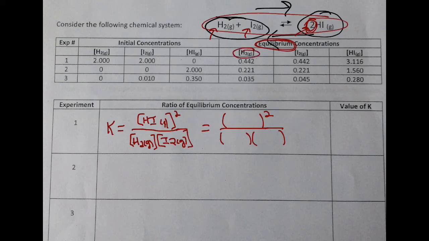So the hydrogen gas concentration is 0.442. The iodine gas is 0.442. And the hydrogen iodide is 3.116. All right, if you put all of this in your calculator, you will get a value of K of 49.7.